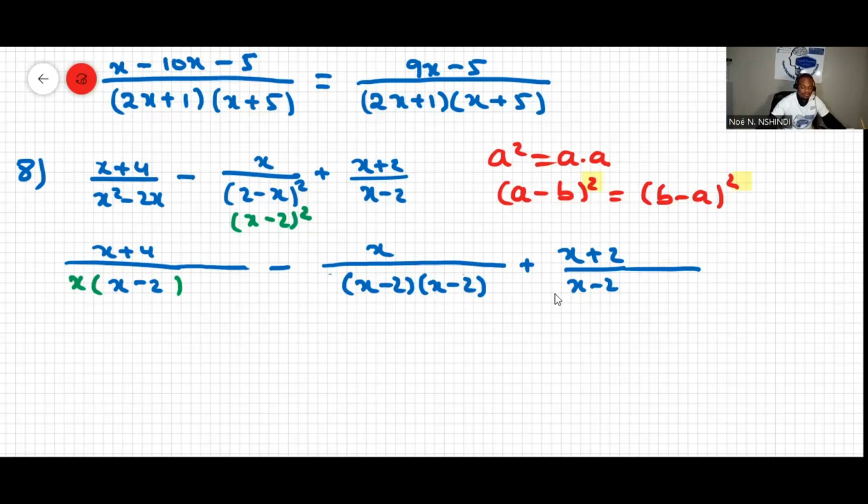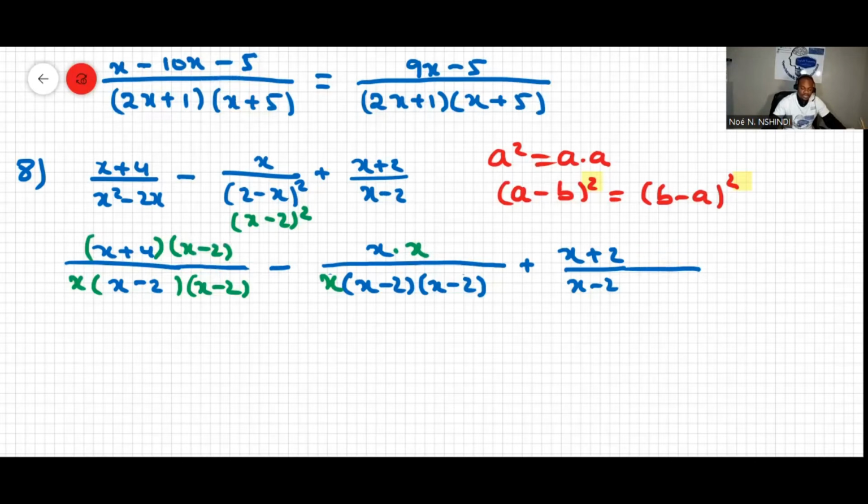Okay, so now we need to find a common denominator. There I need to put another x minus 2. Okay, x minus 2, and then there I need to put an x. So if I times by x here, there I must also times by x minus 2 to make the fraction even.